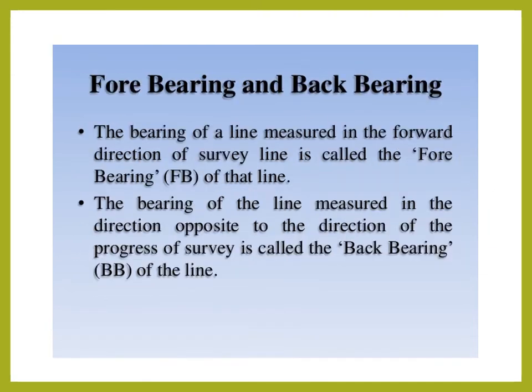Okay. The next one is fore bearing and back bearing. Whenever we are measuring the bearing, that is the angle in the forward direction of our survey, then it is called fore bearing. Similarly, when I see the same point in the opposite direction of survey, that is called back bearing.